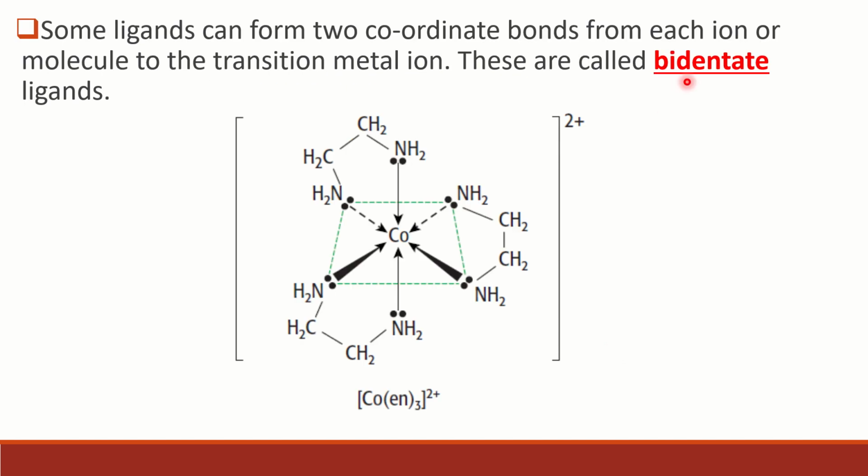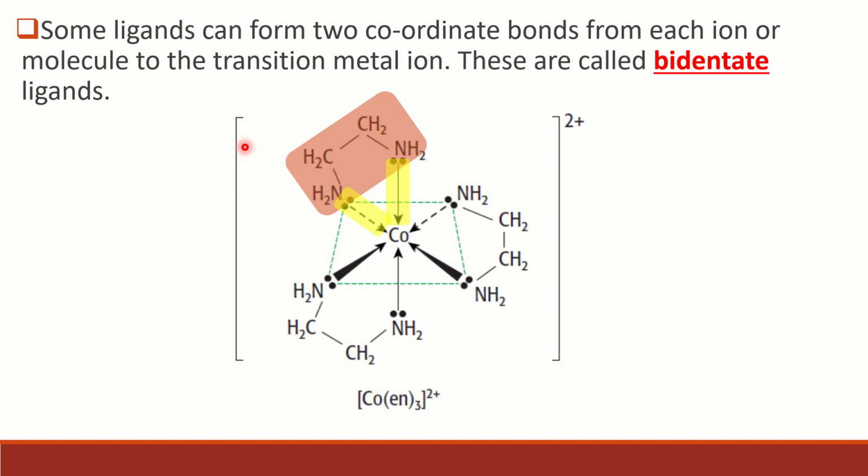Here I have a bidentate ligand. What is a bidentate ligand? It can form two coordinate bonds from each ion or molecule to the transition metal ion. So you look at this en, which is NH2, CH2, CH2, NH2. This is the en molecule. Now, one en molecule can form two dative bonds at a time, coming from the same molecule of en.